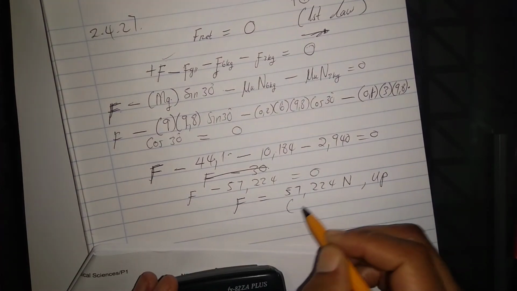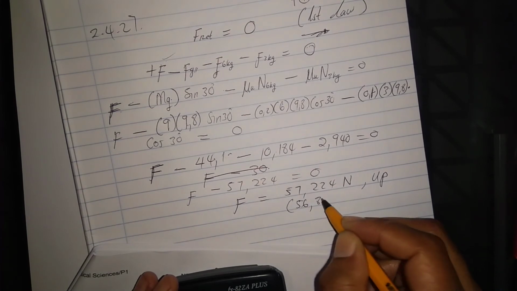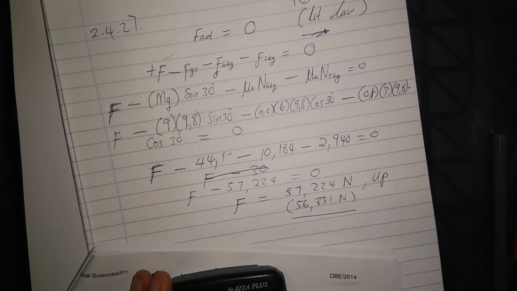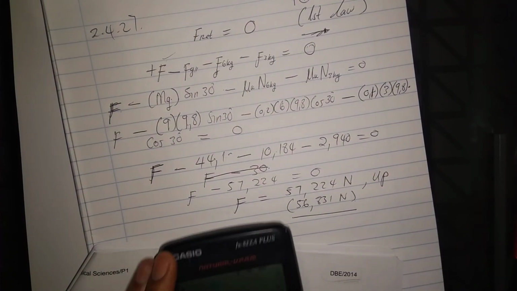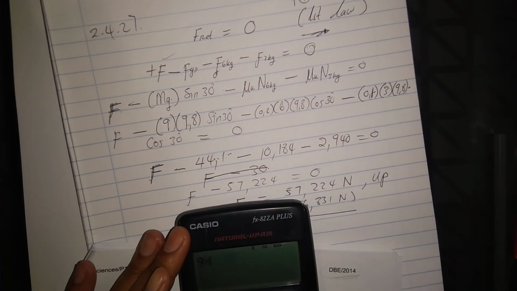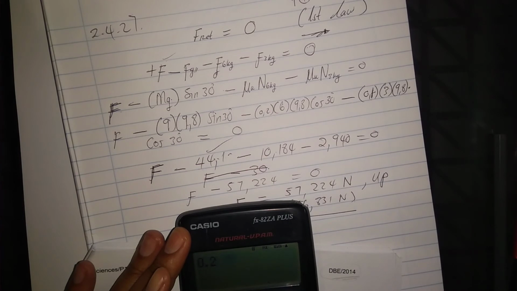Fascinating. Now your answer is 56,831 newtons. So what went wrong? Let's check it. This one is 9 times 9,8 times sine 30 degrees, it's 44,1, check. 0,2 times 6 times 9,8 times cos 30 degrees.